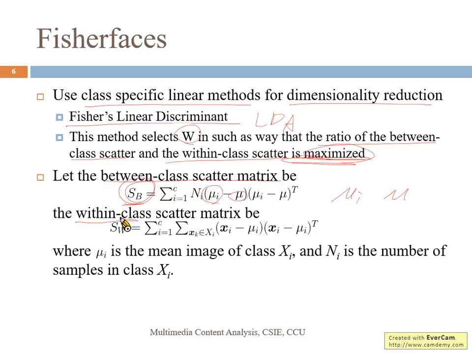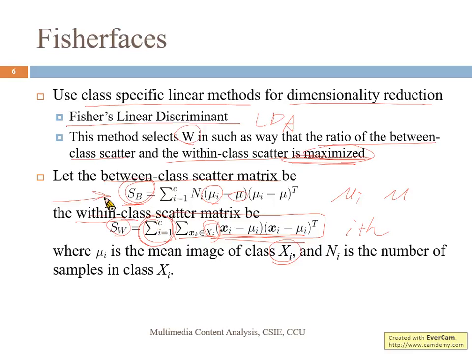The within class scatter is that SW is equal to the summation i equal to 1 to C, and then the summation over sk belonging to Xi, where Xi is a class. Here we calculate the within class scatter matrix of the i-th class, and then we sum over all classes. So this is the within class scatter.